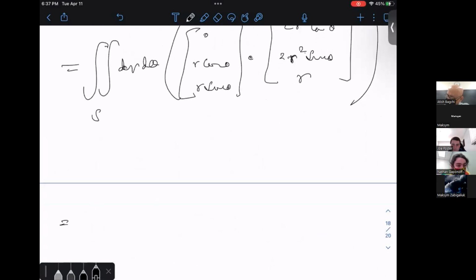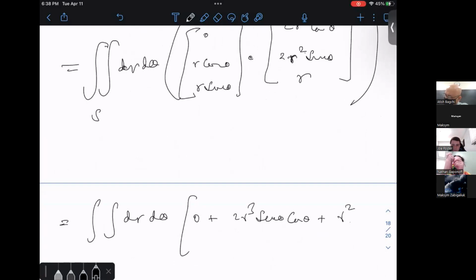Okay, so this is equal to the integral dr d theta of 2r cubed sine theta cosine theta plus r squared sine theta.